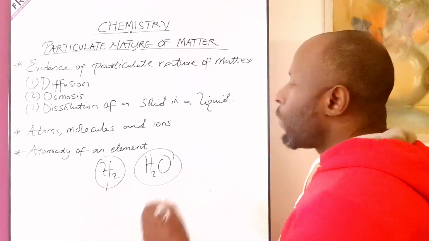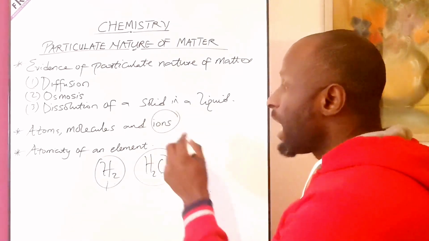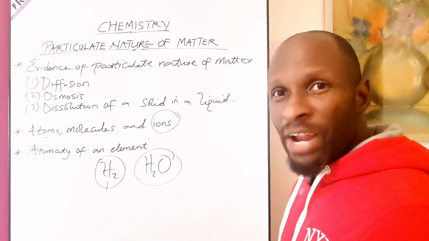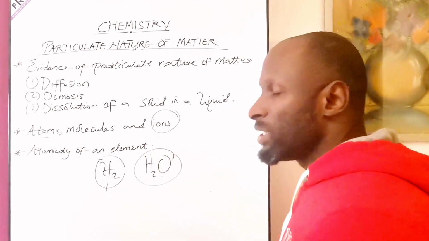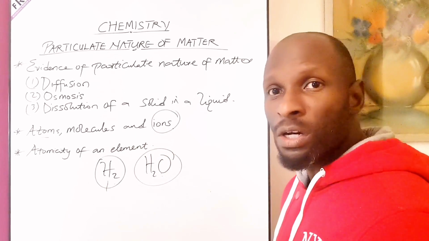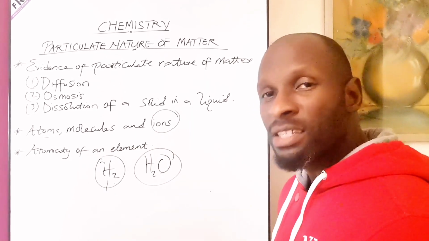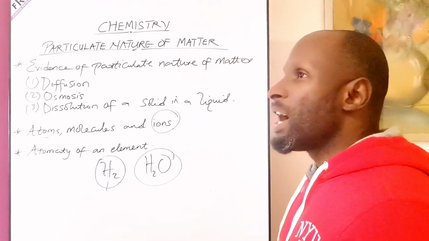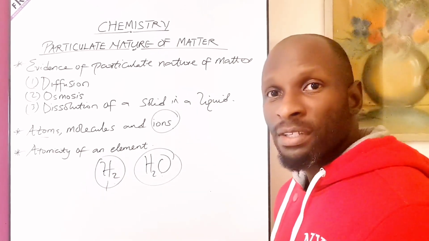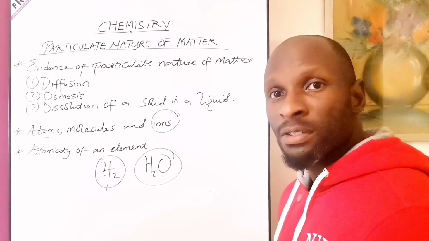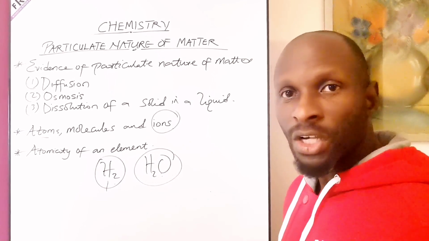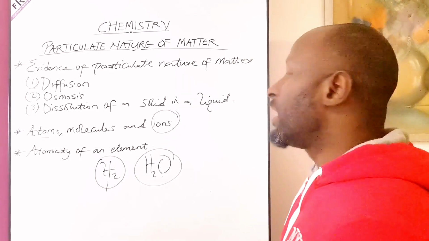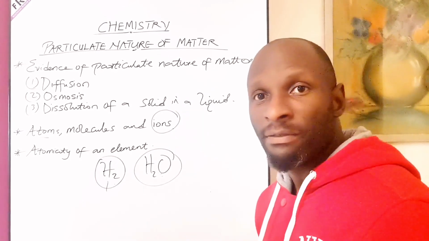Great. Now, what about ions? Ions are also made of atoms. But the difference between ions and molecules is that ions possess charges. Ions are a group of atoms that possess electric charge. The electric charge can be positive, the electric charge can be negative.